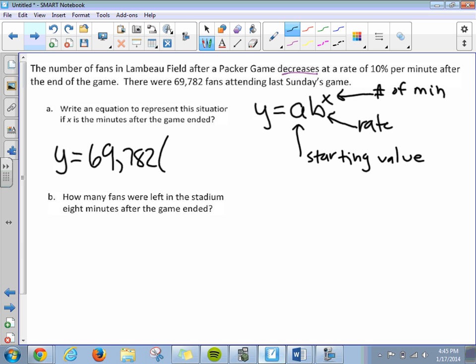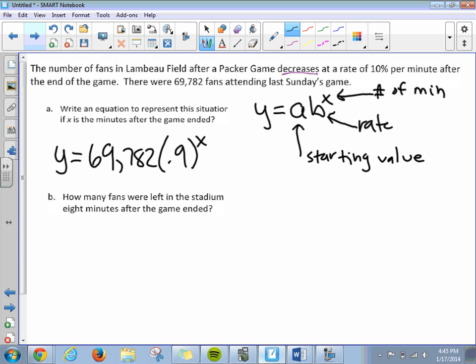Now this is a decay function, because fans are leaving, so the number of people in the stadium is going to continue to decrease. And so we're looking at a number that's going to be less than 1. How we figure that out is it's going to be 1 minus 0.1, or our 10%. So we're taking a whole 100% and subtracting away 10%, which leaves us with 0.9, or 90%, for every minute.